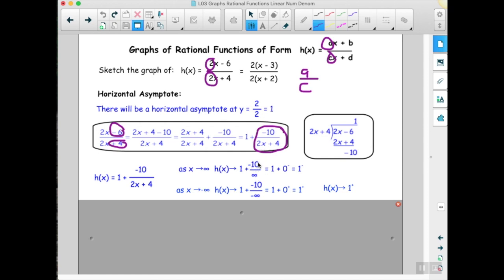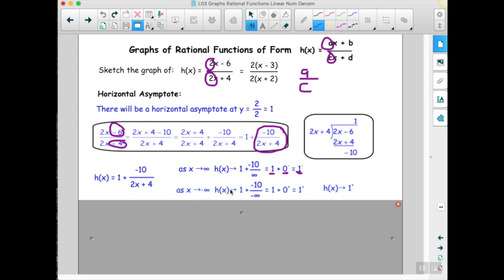Now -10 divided by positive infinity will be a number that's very close to 0 but negative. So now what we're going to be doing to 1 is we're going to be adding a number that's close to 0 but negative, which means we are going to be a number just under 1. So we put 1 negatively just to show that we are below 1.